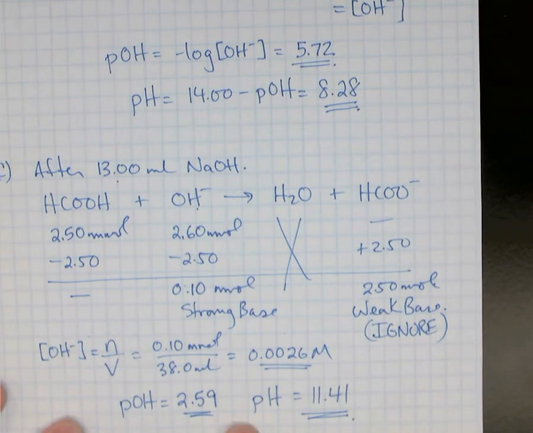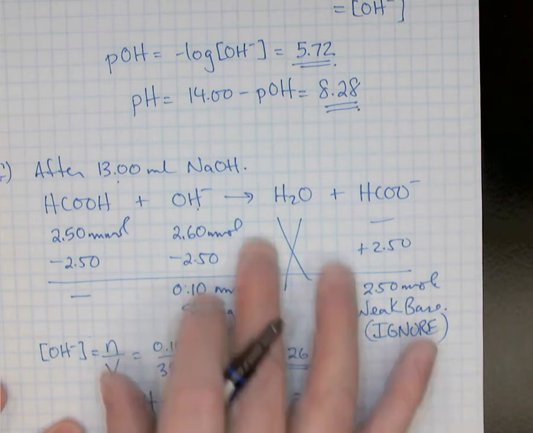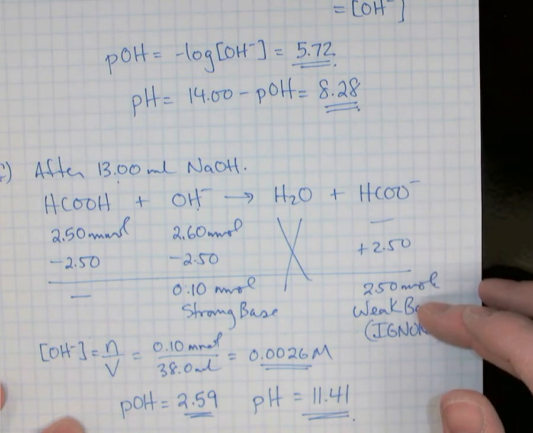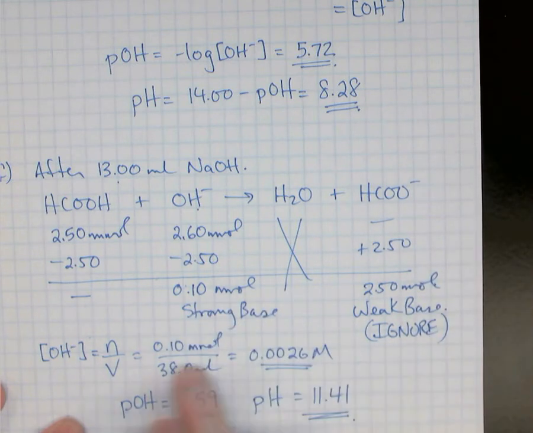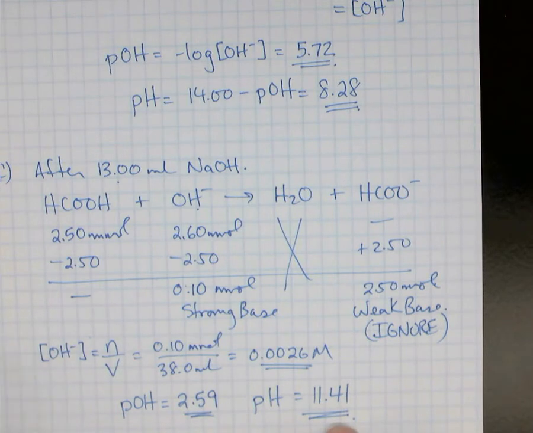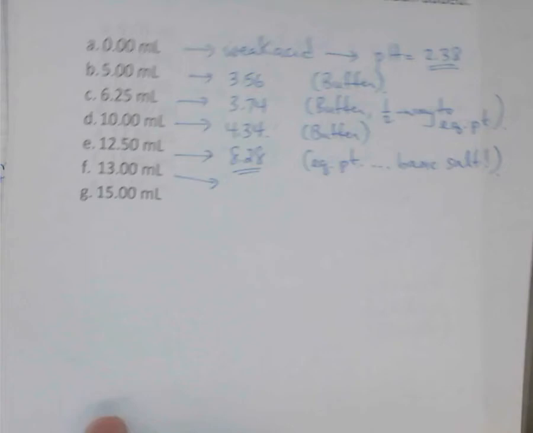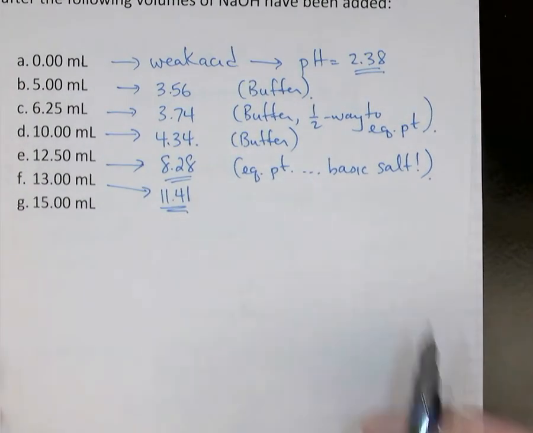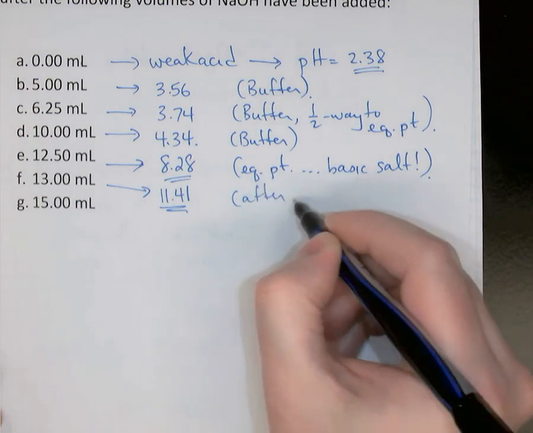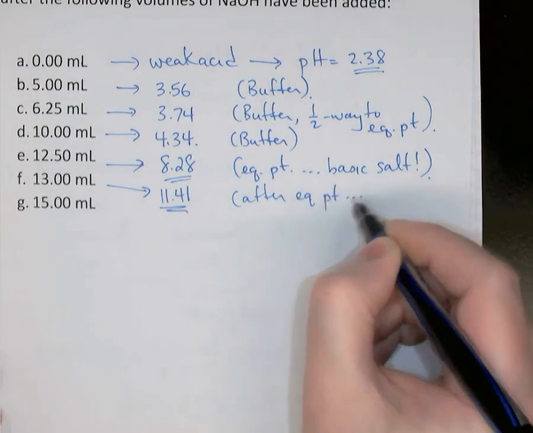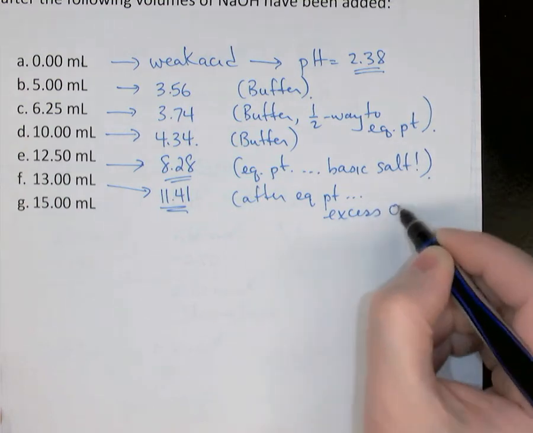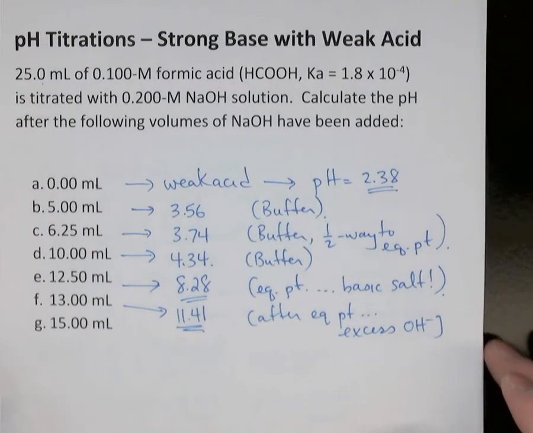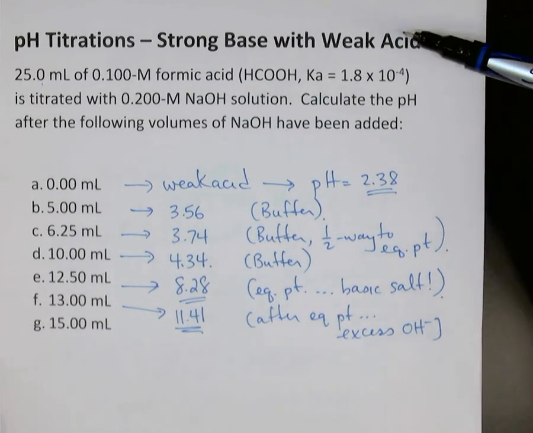Okay, so when you are past the equivalence point and you have leftover strong base and leftover weak base, you just ignore the weak base, take the strong base, find its concentration, get your pOH and your pH value, so 11.41. Alright, I'm going to stop there. So this is after the equivalence point. We had excess strong base.